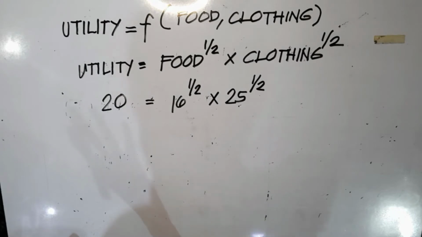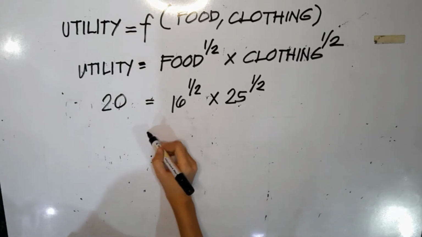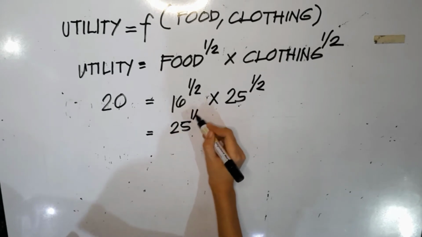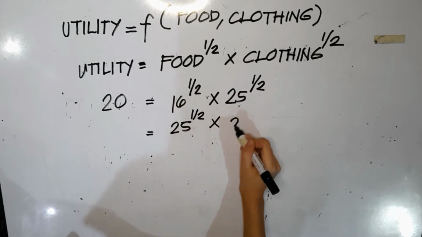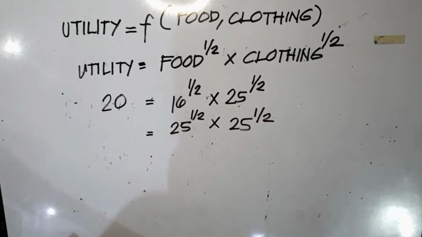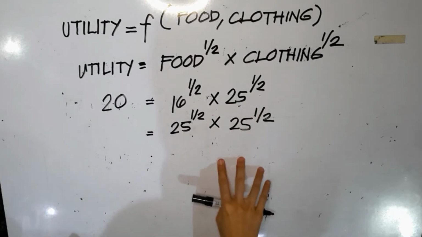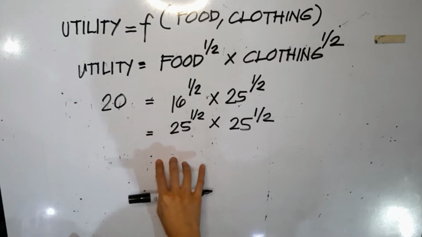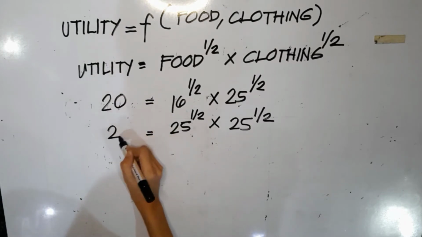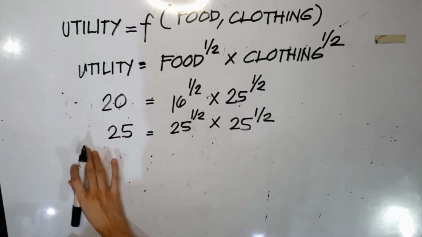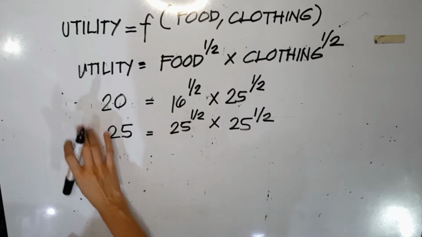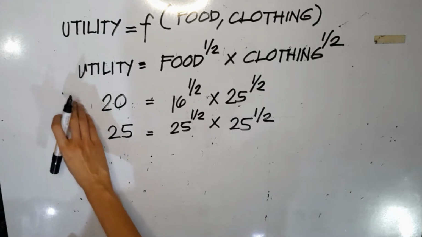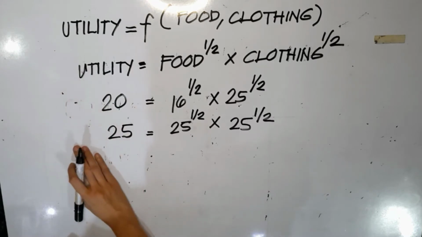If you have 25 units of food and also 25 units of clothing, then you're way better off with this because you'll have a utility of 25. So which maximizes personal satisfaction, which maximizes your preference?